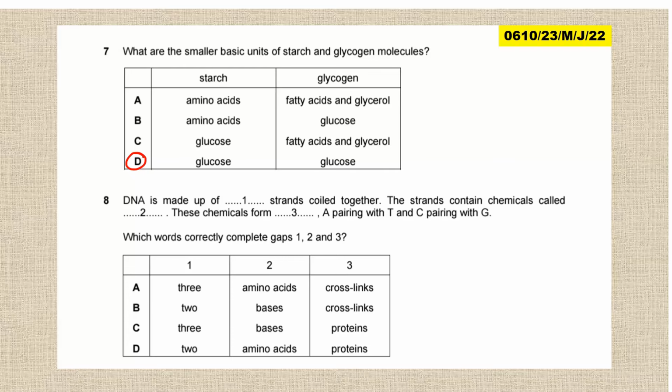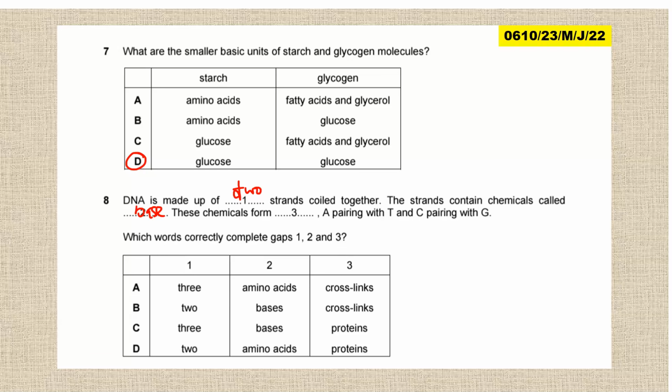Question 8, DNA is made up of dash strands coiled together. So it's made up of double strands, or 2 strands, coiled together. The strands contain chemicals called bases. These chemicals form dash.